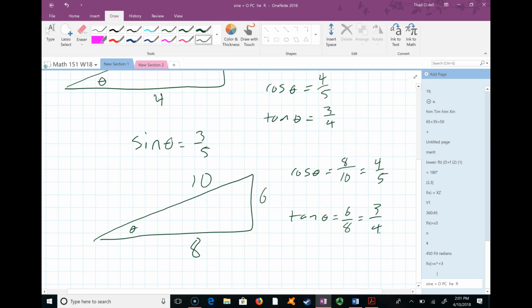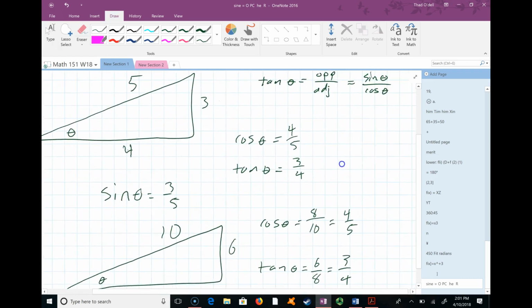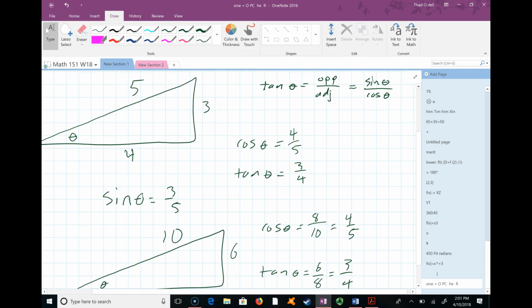So you can see, even though they're different triangles, if we can get the ratio of one, we can find the other ratios without actually knowing the triangle. It could have come from this triangle or that triangle or any other triangle that's in the same ratio. So the key is to think ratio.